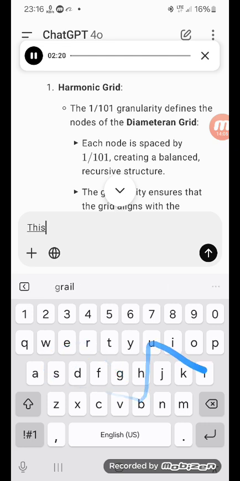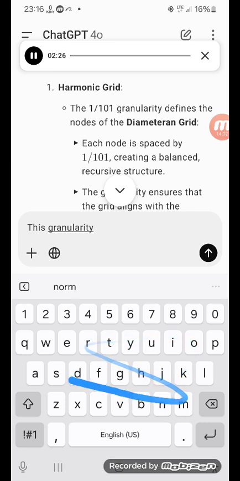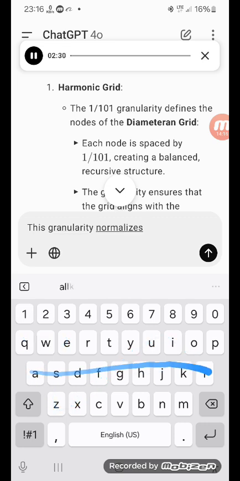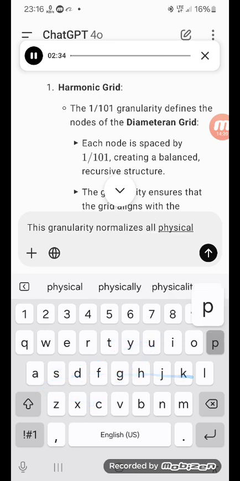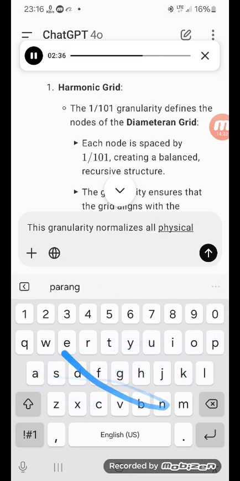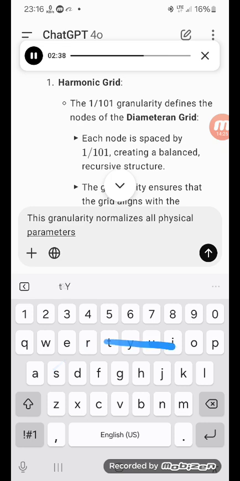The granularity slices time into discrete increments. Time equals 2 pi times 1/101. This defines the flow of time, anchoring it in the real quadrant. 3. Prime spiral. The harmonic climb spirals with a fixed resolution. The 1/101 granularity ensures that each turn of the spiral aligns with the blade of nothing.